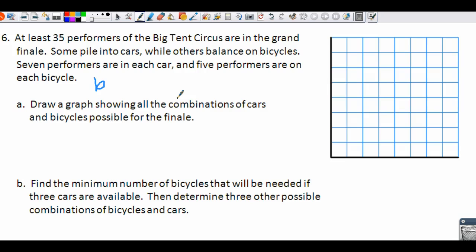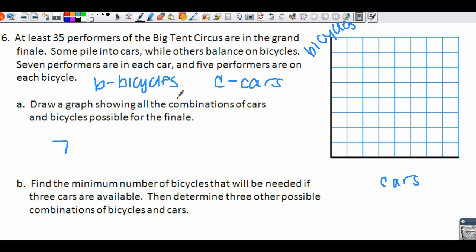So I have B bicycles and C cars. So there are 7 performers per car, plus 5 performers per bike, and my total performers are 35.